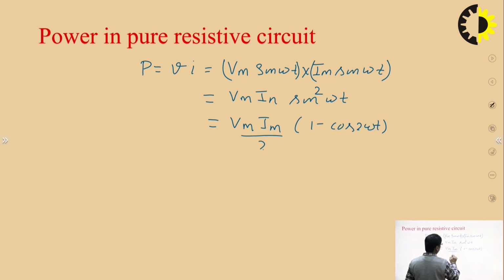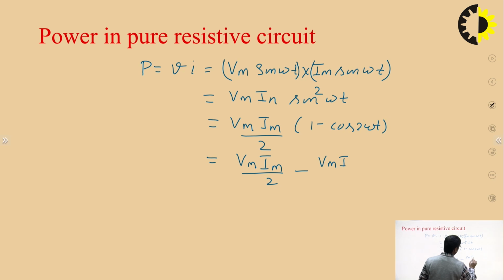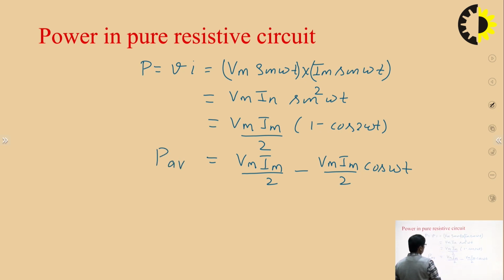Again you can write this as Vm Im upon 2 minus Vm Im upon 2 cos 2 omega t. This is the instantaneous power.